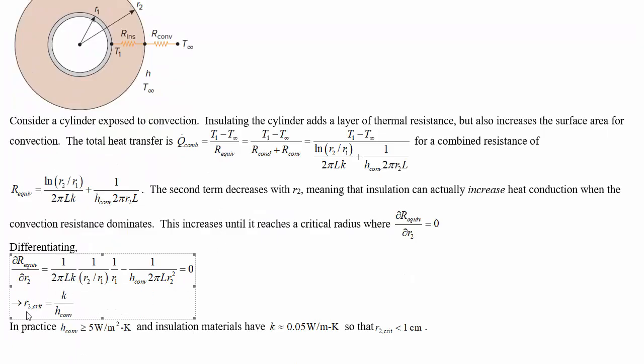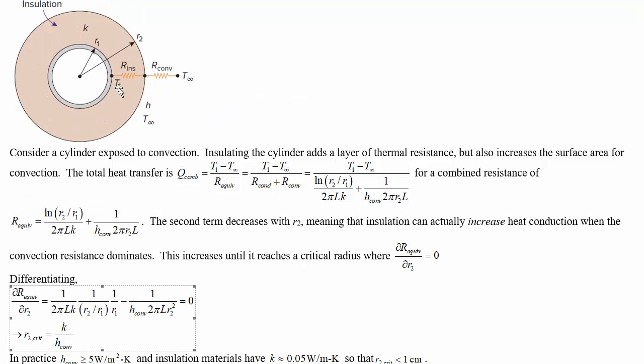And for a cylinder, this occurs at k over h convection. So not surprising, this balance is minimized. So the radius that gives you the minimum resistance occurs at a large radius when we have a lot of thermal conductivity of the insulating material and a low convection coefficient.